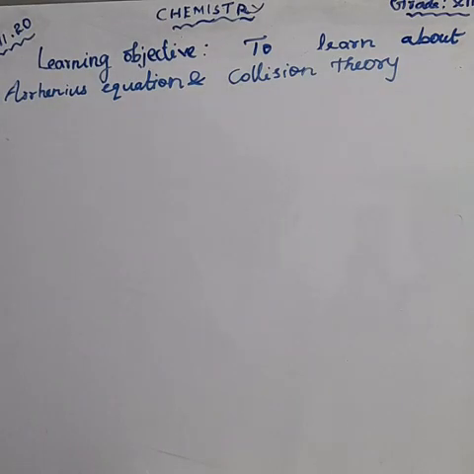Today our learning objectives are the Arrhenius equation and also the collision theory. About the Arrhenius equation, he suggested that the rate of most reactions varies with temperature. The rate constant is directly proportional to e raised to minus Ea by RT.